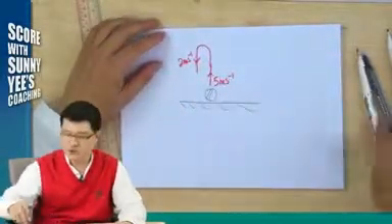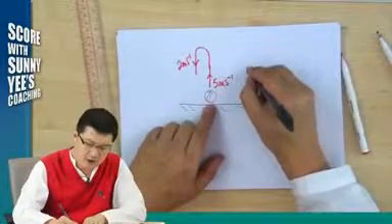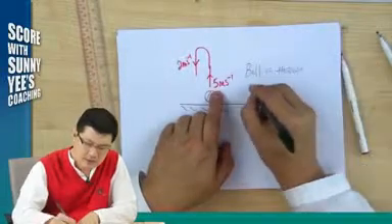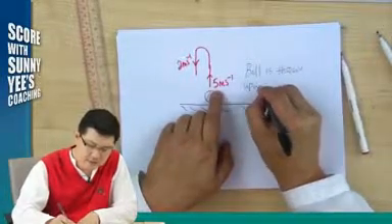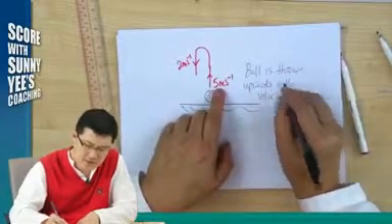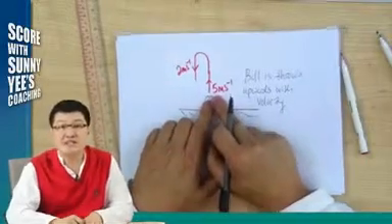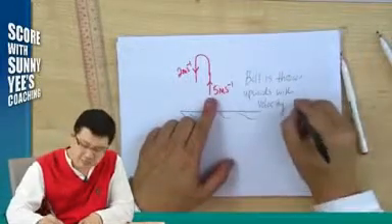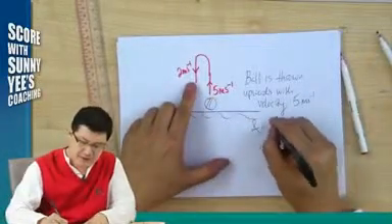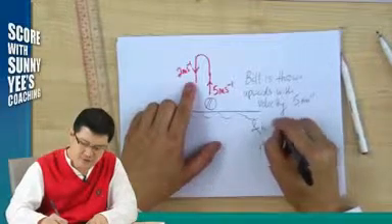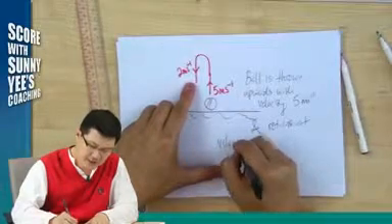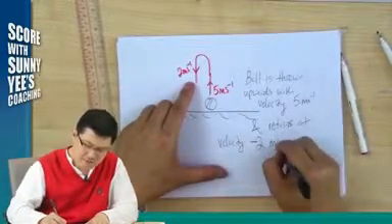So we say that the ball is thrown upwards with velocity, the initial direction is up, that will be positive 5, and it turns backwards, returns at velocity negative 2 meters per second.